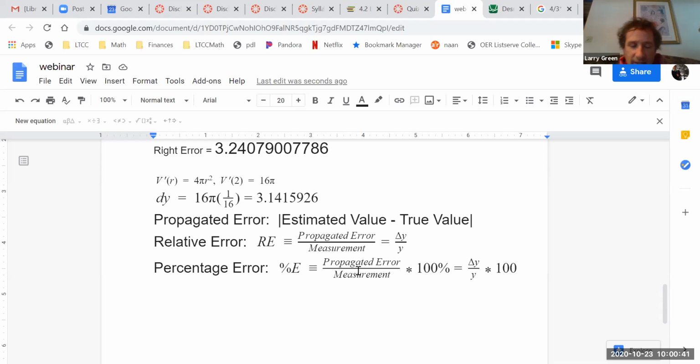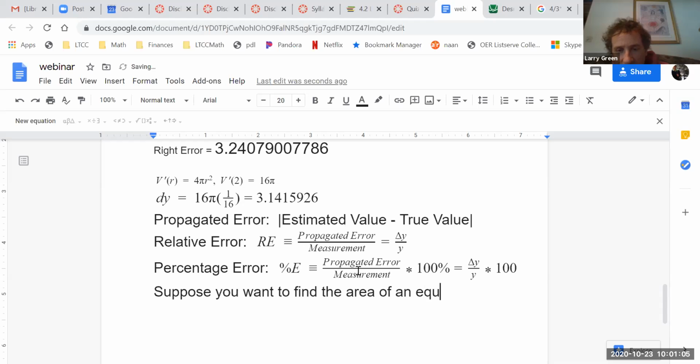Okay, so let's look at this. Suppose you want to find the area of an equilateral triangle.